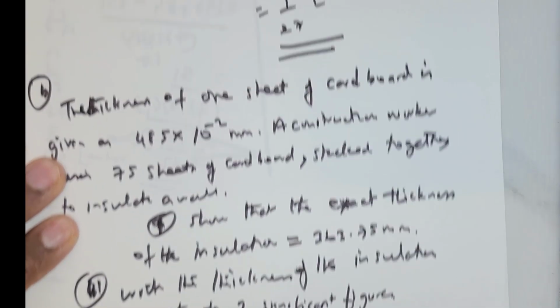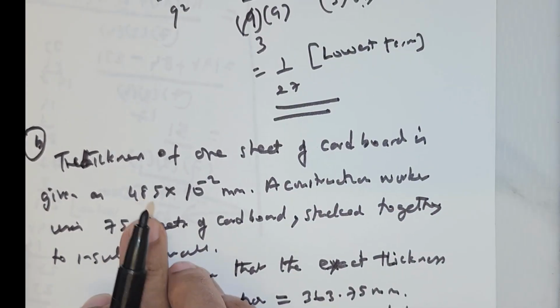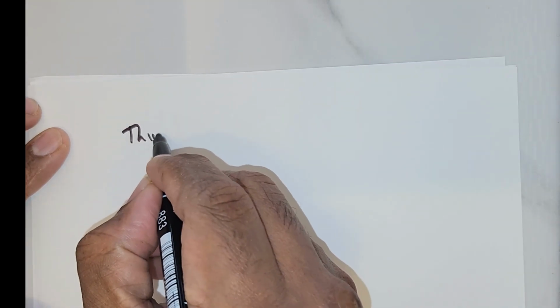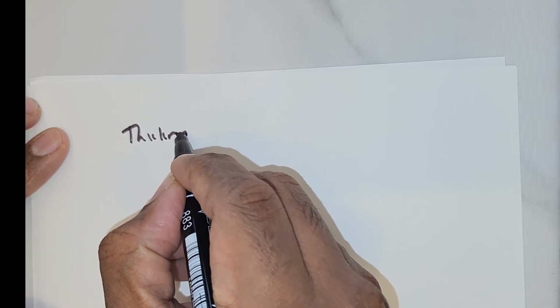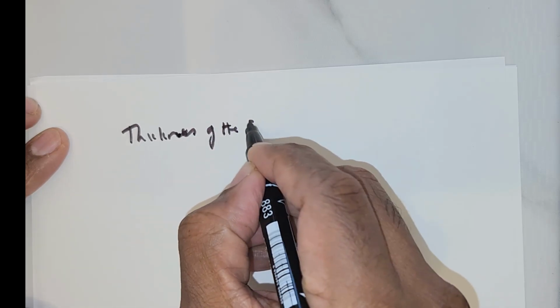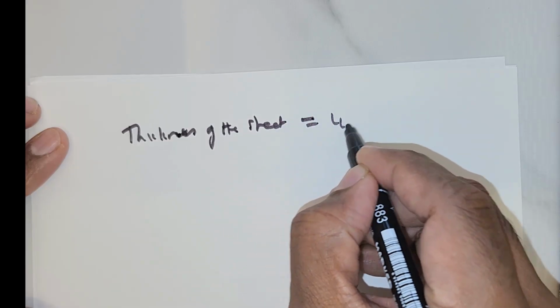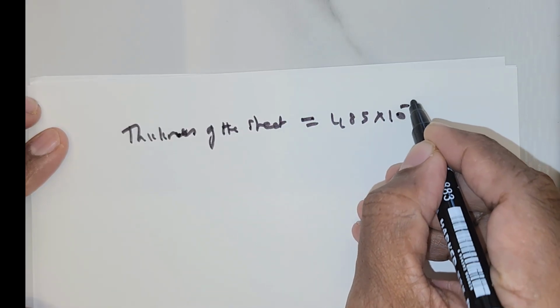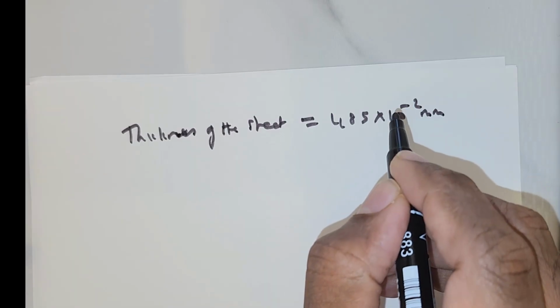Okay, so let us do this question. These are the following information we have been given. Foremost, the thickness of the sheet is 485 times 10 power minus 2 mm.